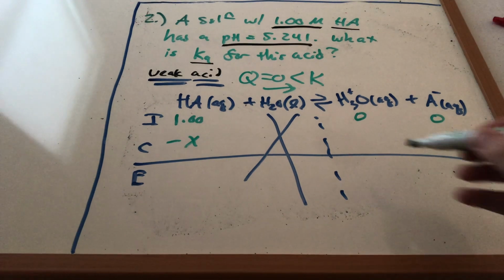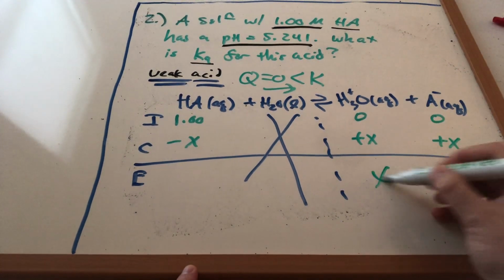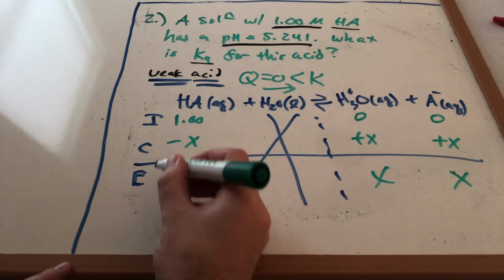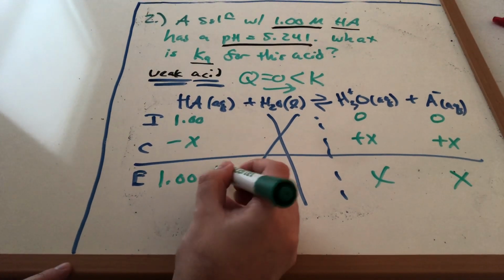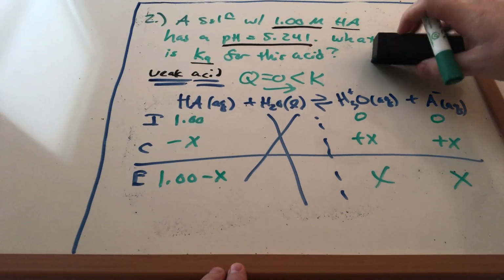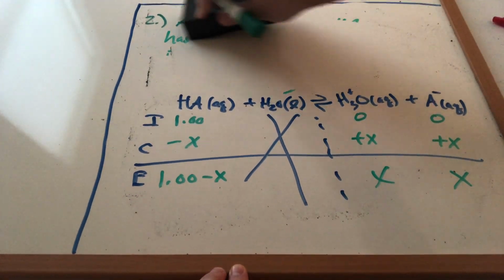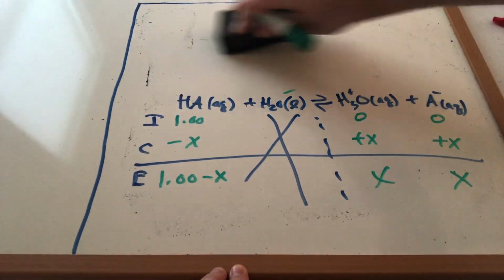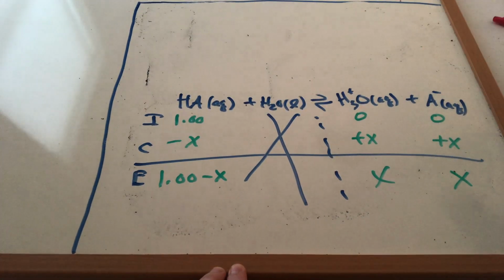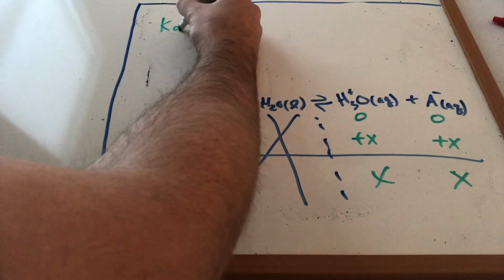So we're going to put a minus X here, plus X here, plus X, X down here, and 1.00 minus X. I'm after Ka, and I have a given pH. Once I fill out an ice table, I can take this E information and equate it to Ka.